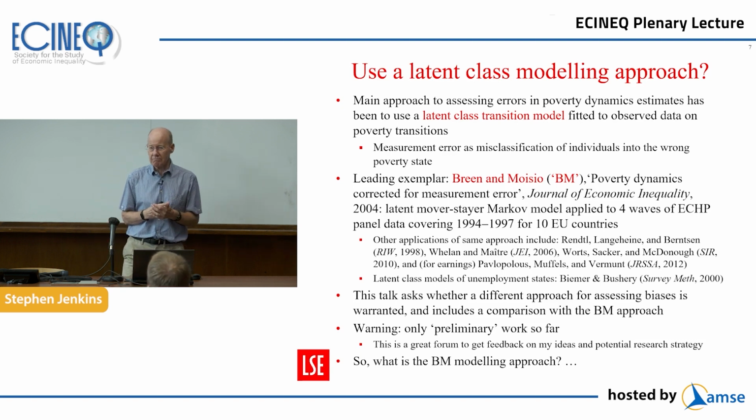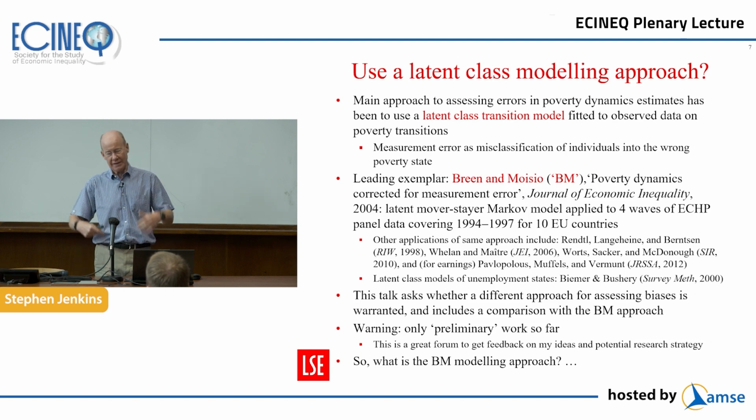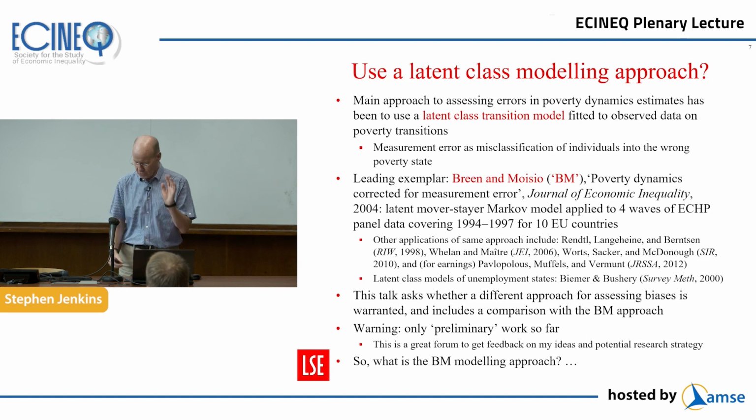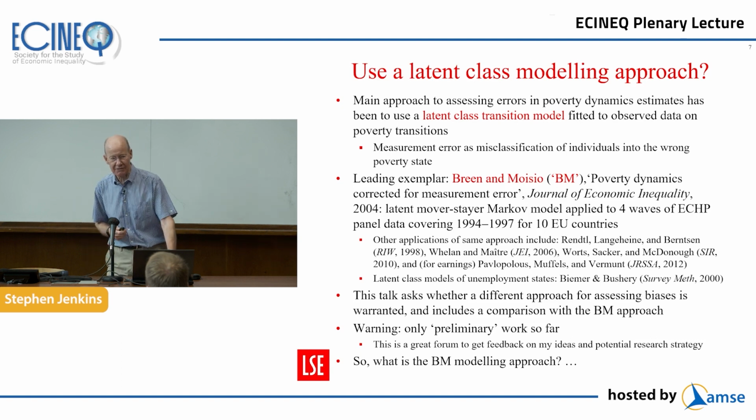In fact, when I first started thinking about this a couple of decades ago, I wrote to Paul Allison, who is the leading quantitative sociologist who works on these sort of things, and I tried to talk to him about some things, and he said, nah, these latent transition models, that's how things are. I haven't spoken to him again recently.